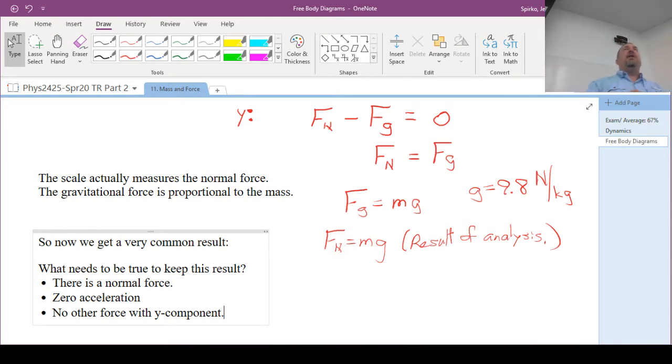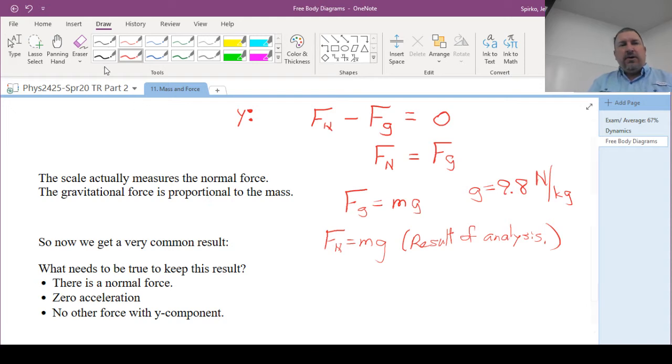As it turns out, most of us have a normal force measuring device in our pocket. My phone has a sensor called an accelerometer in it. And the accelerometer doesn't actually measure acceleration. What the accelerometer measures is normal force. So there's some little mass in there, and it's measuring the normal force required to hold that little mass.